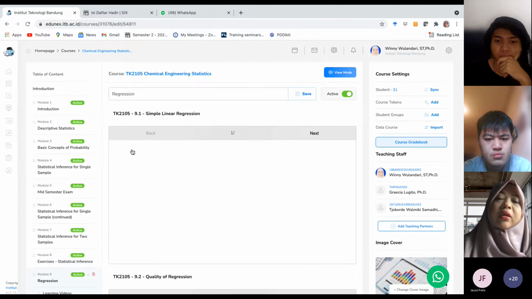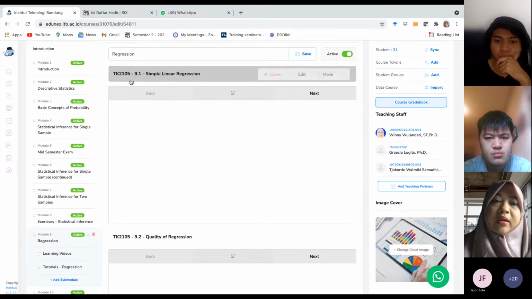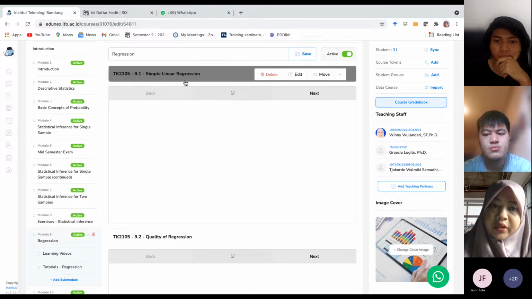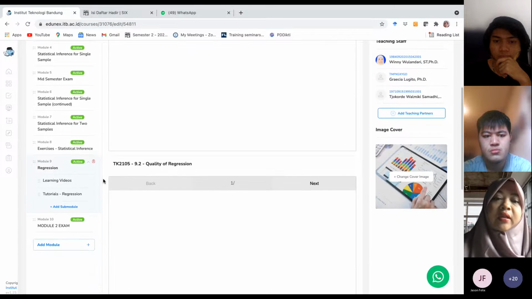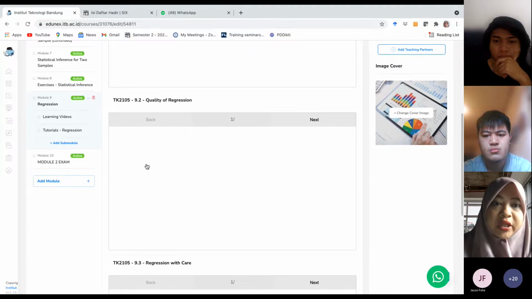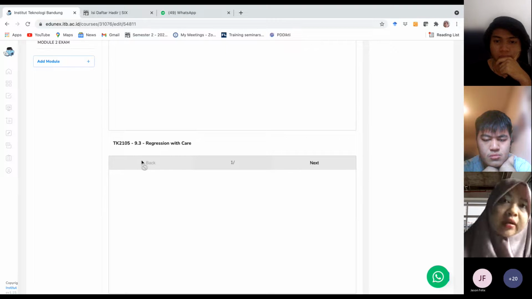And now is the regression. What I'm gonna explain today is the PPT on simple linear regression. There are 3 PowerPoints, here in PDF. The second one is the quality of regression, and then how to do regression with care. I'll explain in a minute.